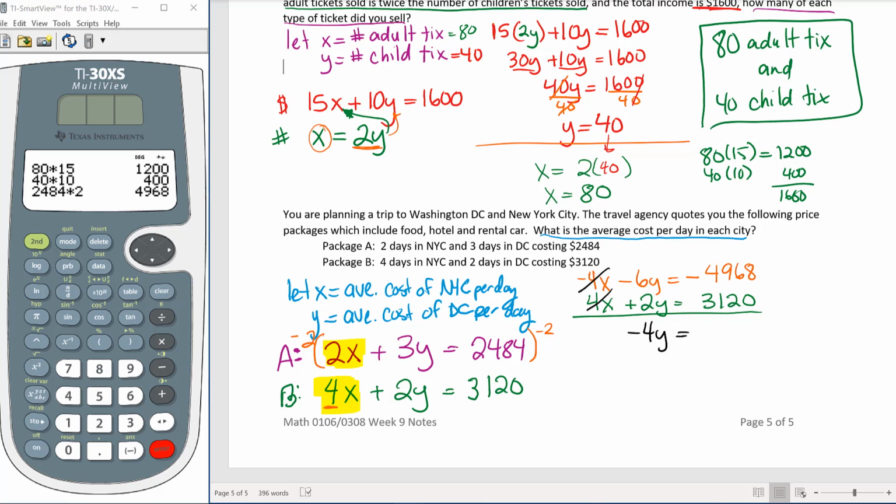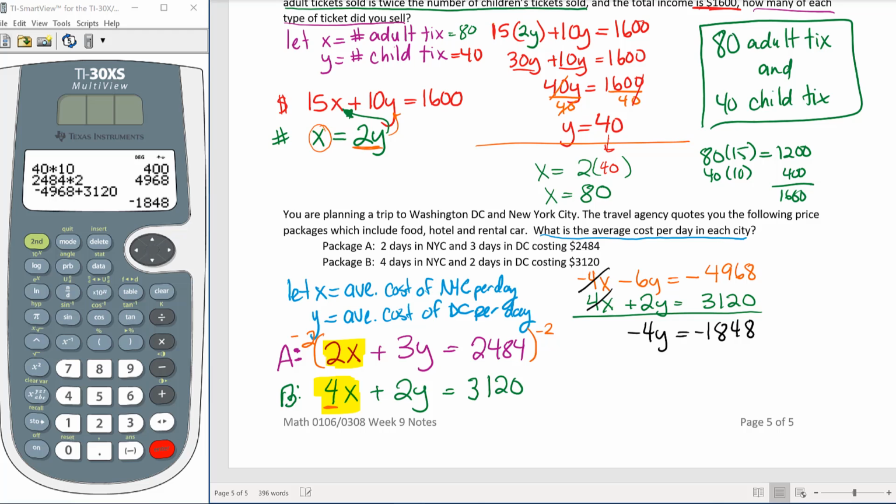And let's see, negative 4,968 plus 3,120 gets negative 1,848.